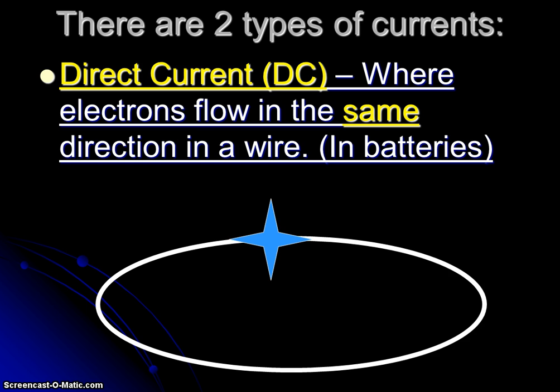The current flows from the positive to the negative. That's why you must put batteries in whatever you're using appropriately, because if not, the current will not flow correctly and your device will not work. So we're talking direct current. The electric current always flows in one direction. Direct current. It goes directly there.